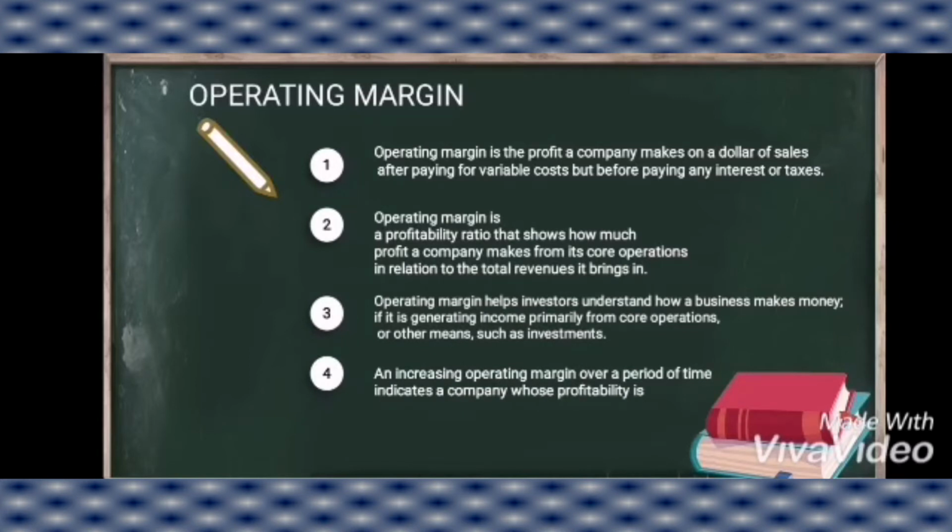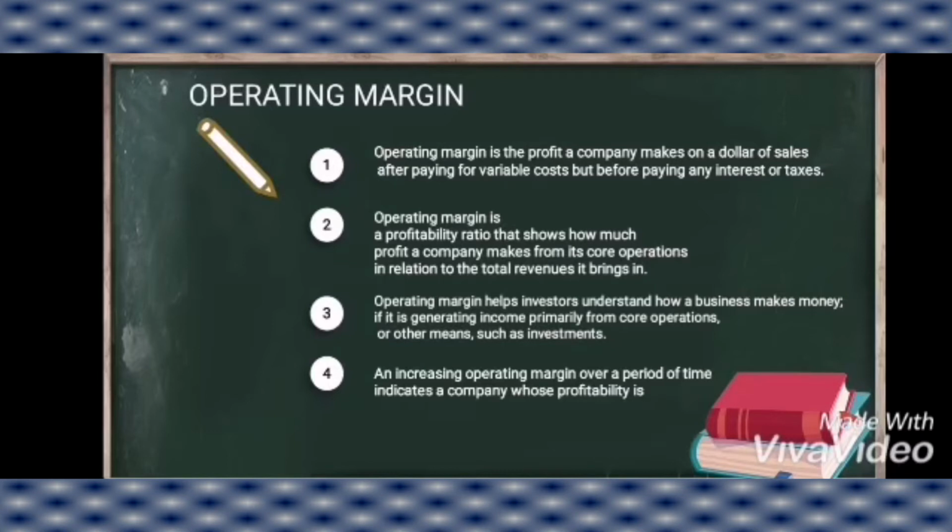Like what I've said kanina, operating margin is the profit a company makes on a dollar of sales, katong bago pa magbayad sa interest and tax. Then, operating margin is a profitability ratio that shows how much profit a company makes from its core operation.